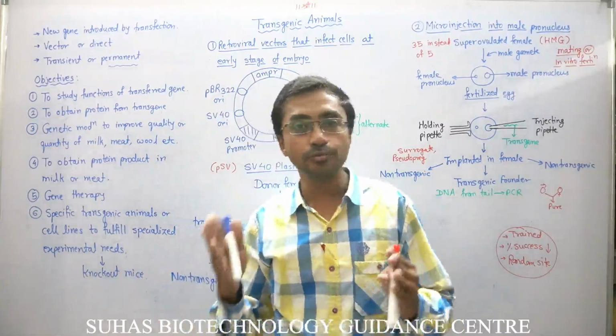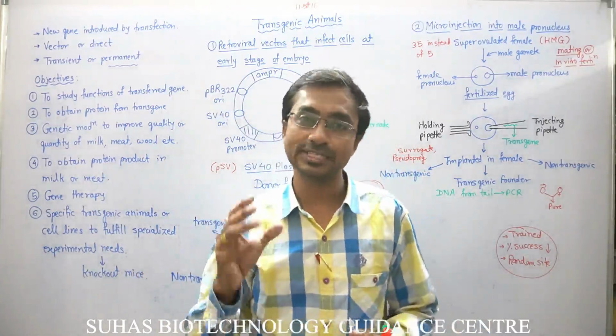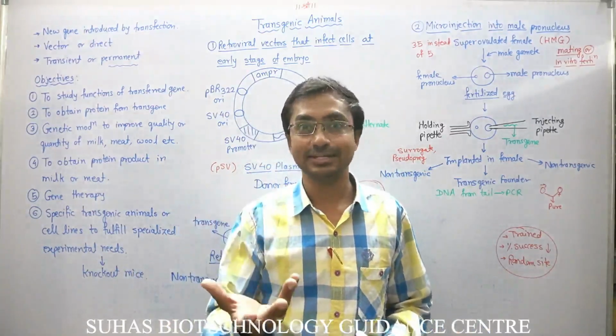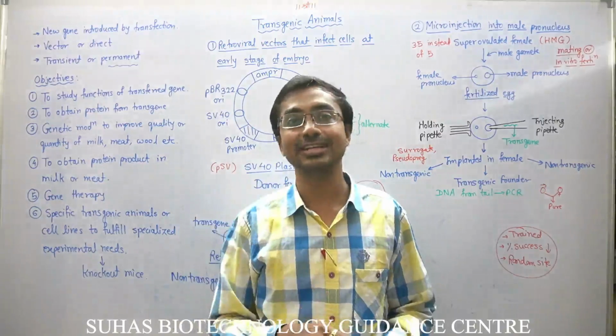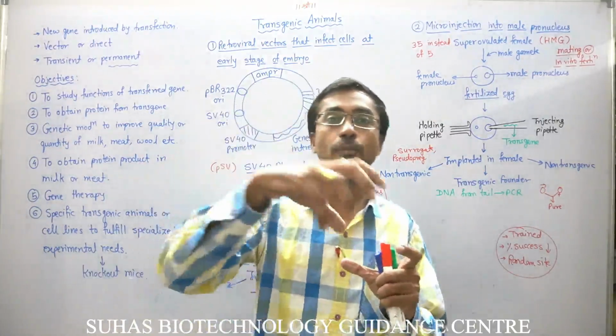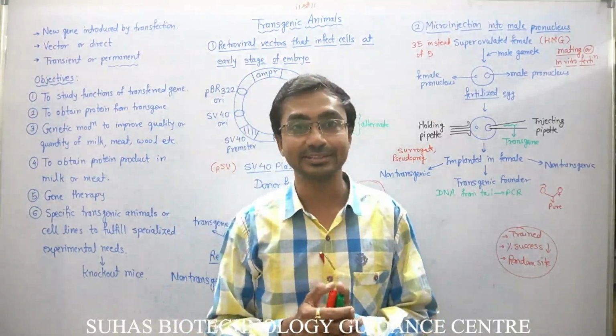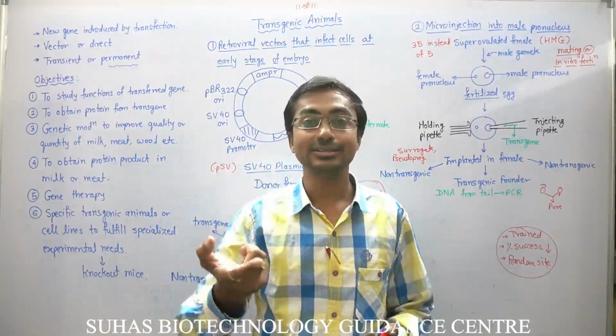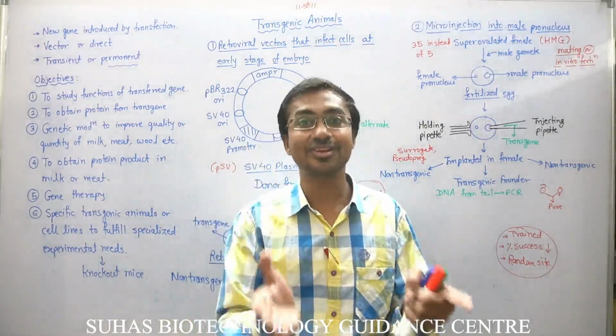Suppose I want to form a rat for experiment which is overproducing triglycerides. If I transfer an extra copy of the gene for triglyceride synthesis, the triglyceride synthesis may increase, and thus I will get a diseased rat.